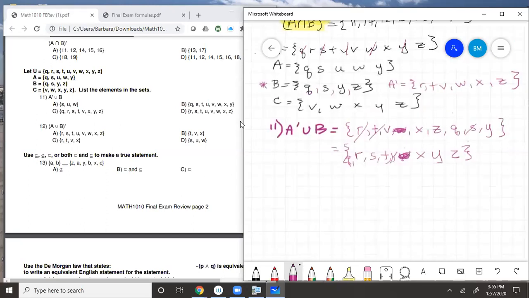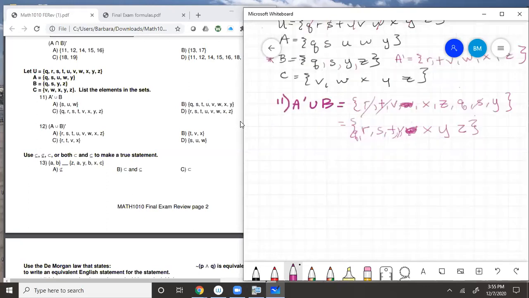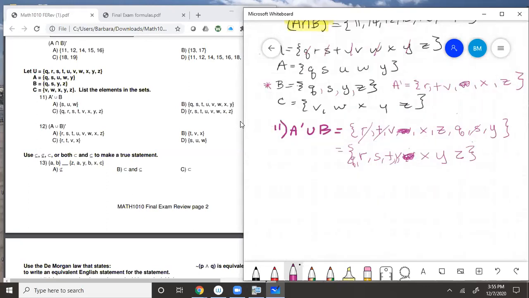A prime doesn't have a W in it, because I did cross it off. A prime is R, T, V, X, and Z, and then B had Q, S, Y, and Z. So that should be it. Your answer is correct. It's C.